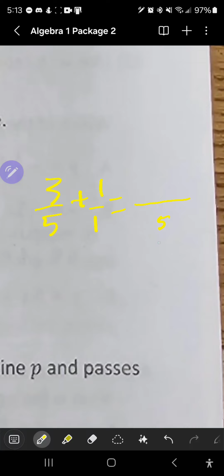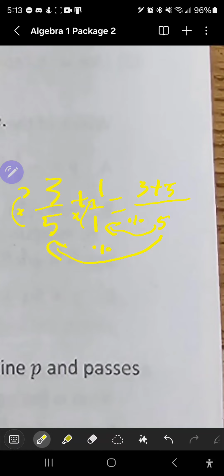So 5 divided by 5 is 1. 1 multiplied by 3 is 3, plus 5 divided by 1 is 5, and 5 multiplied by 1 is 5.